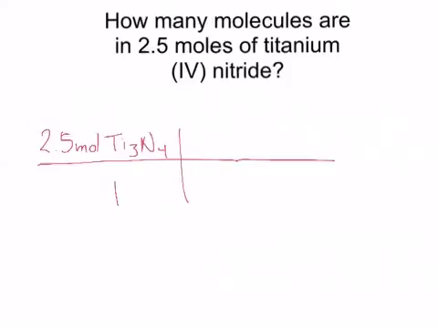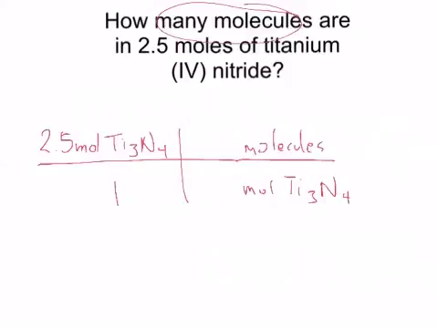It just takes way too long. So you put what you're given on top, what you want to cancel on the bottom, which is going to be moles of titanium 4 nitride, and then what you want to go to on the top. We're trying to find how many molecules, so molecules will go on the top.